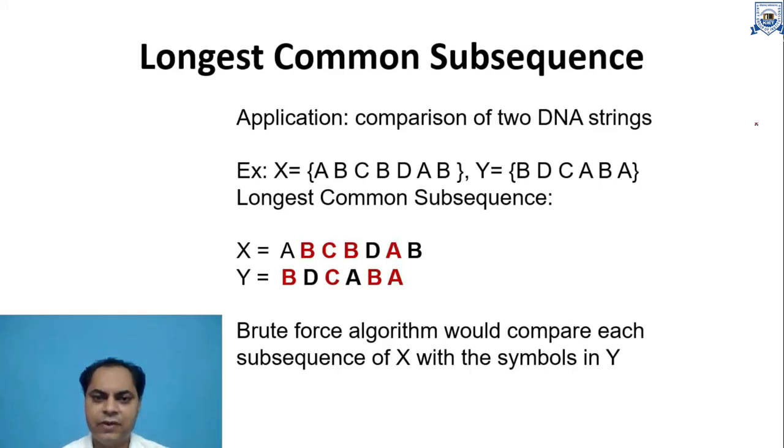Okay, so let's understand what this problem is. Let's say we have two sequences X and Y, and in X and Y we have to find out the longest common subsequence, and the longest common subsequence is BCBA.